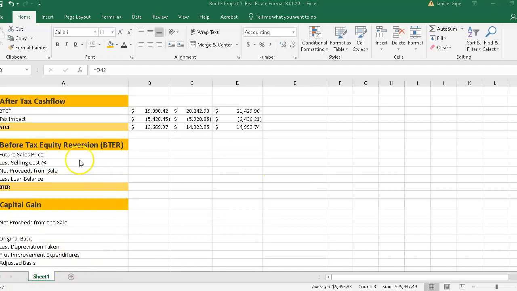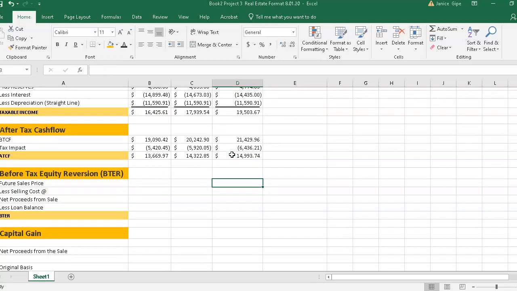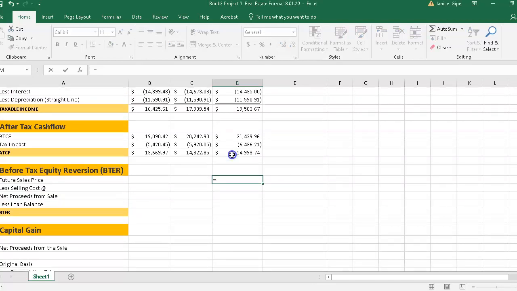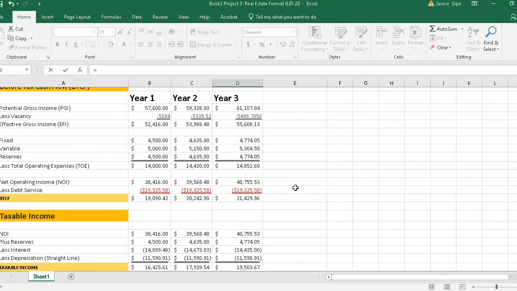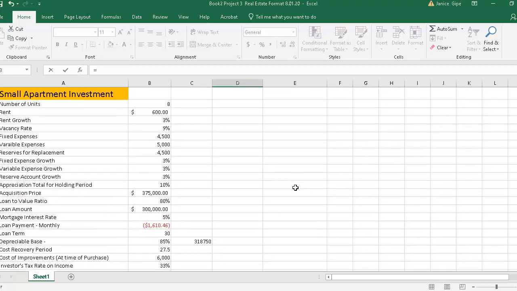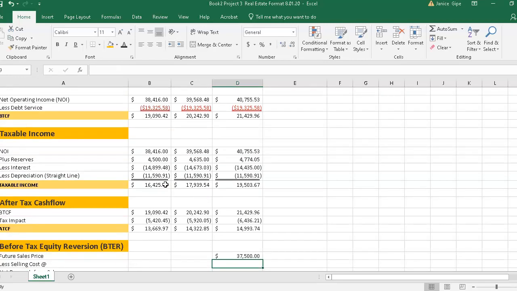Now we're going to calculate our future sales price, which is equal to, whoops, not that, not back. It's equal to the original acquisition price times the 10% appreciation for the holding period.